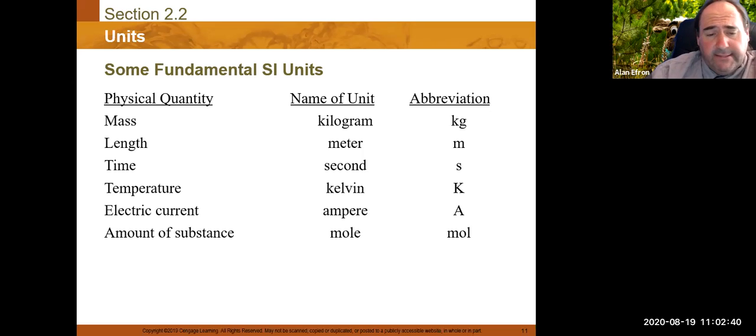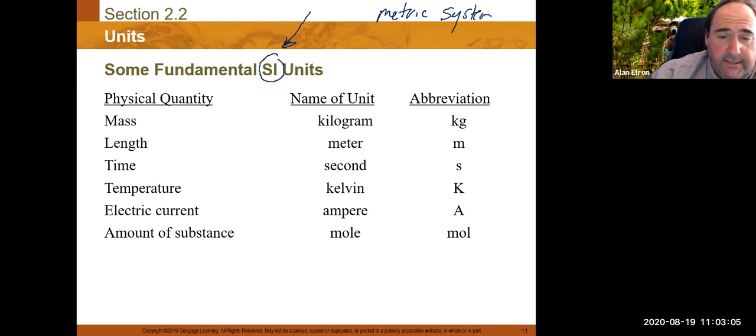So here are some fundamental SI units. In terms of units, there are really two unit scales that have popularly been used over the years. There's the metric system, which is pretty much what everybody uses, except for us. Of course, we use the English system.